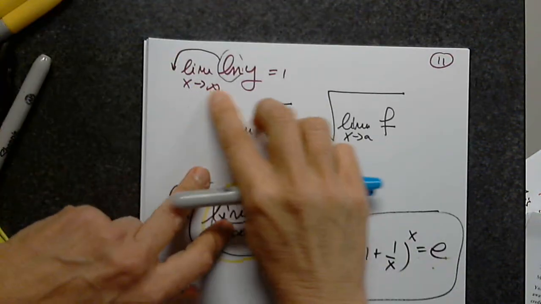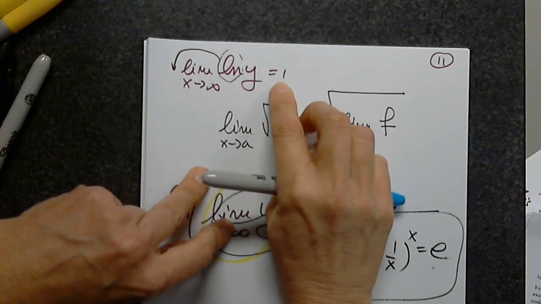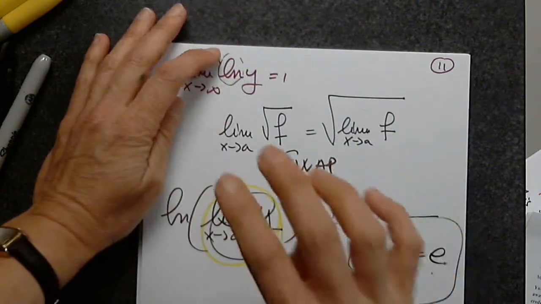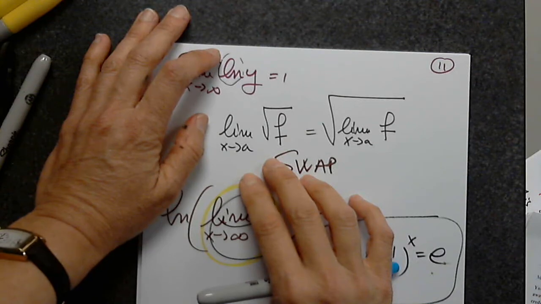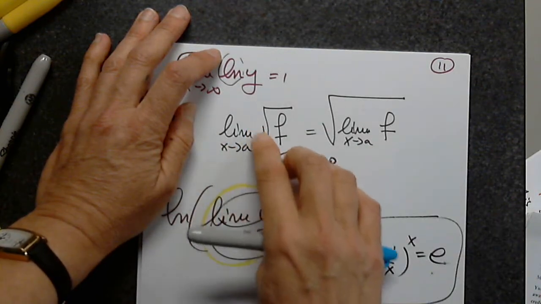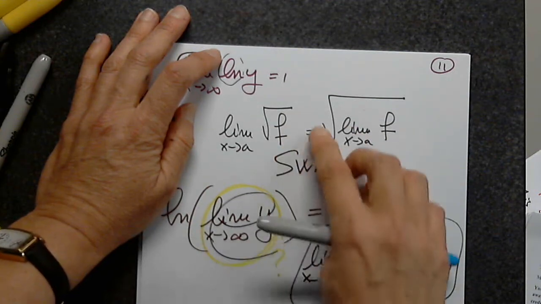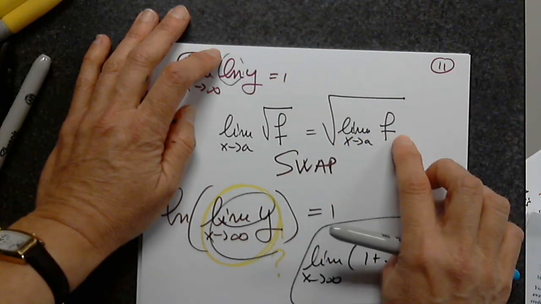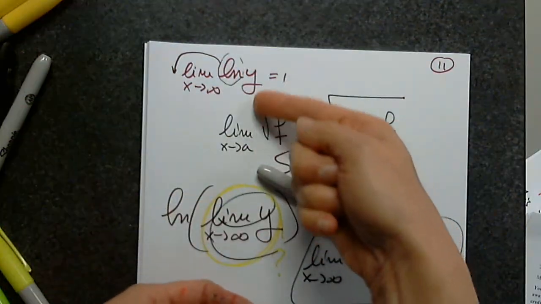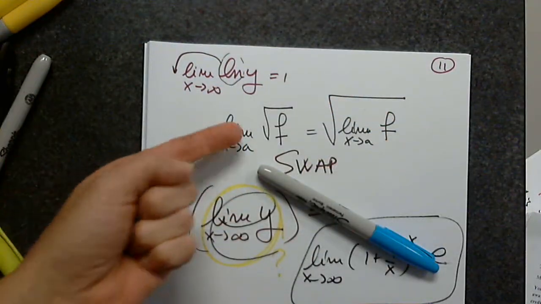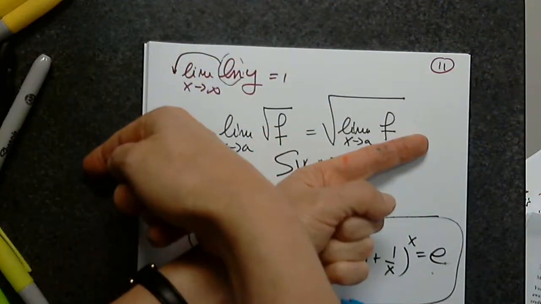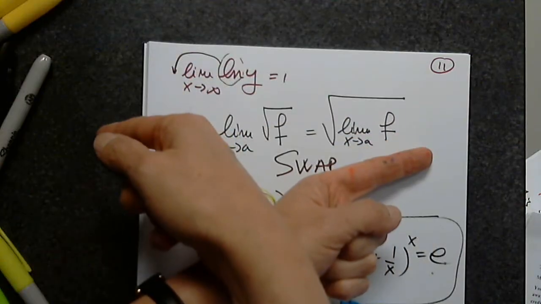Okay, so we copied the beginning and the end. And then I stopped here because I wanted to remind you of something. A long time ago, when we studied limits and limit laws, we said the limit of a square root of f is the square root of the limit of f. And what happened here? I swapped these two operators. The square root, which is an operator, the limit, which is another operator, one went in front of the other, or one above the other, right?